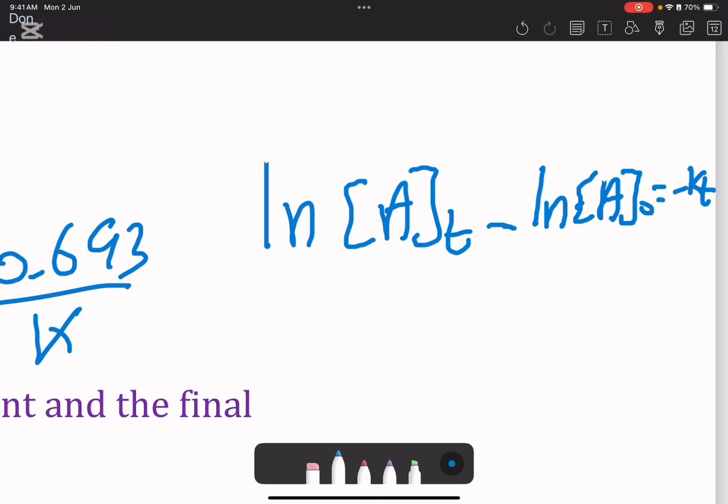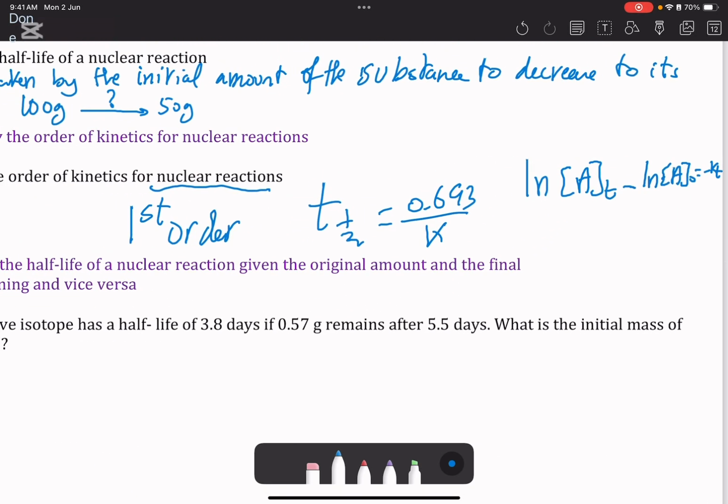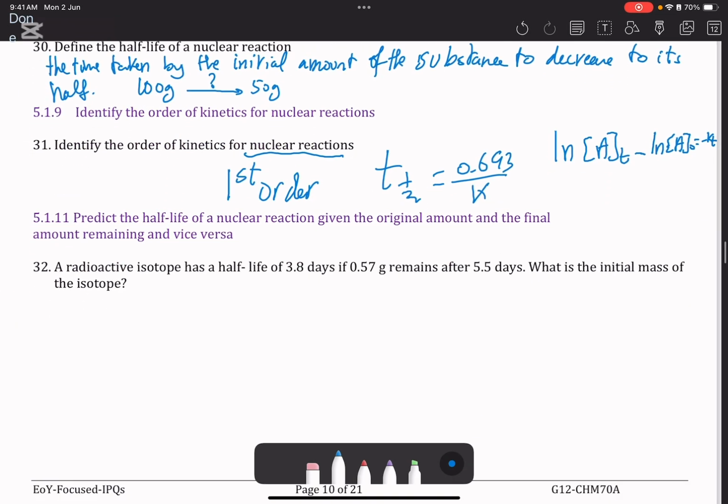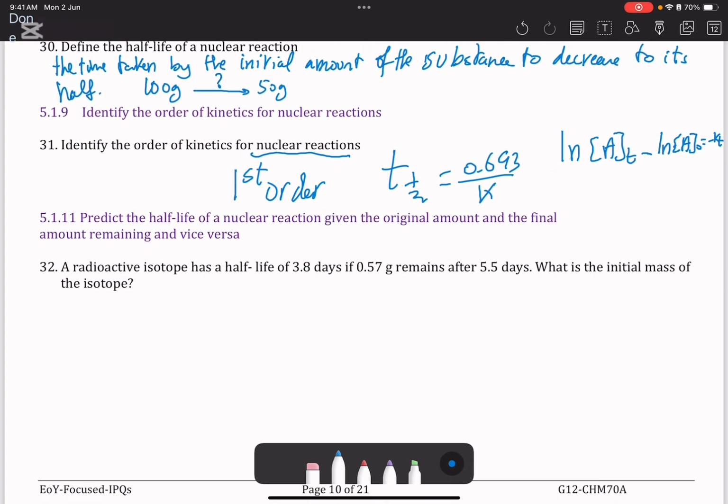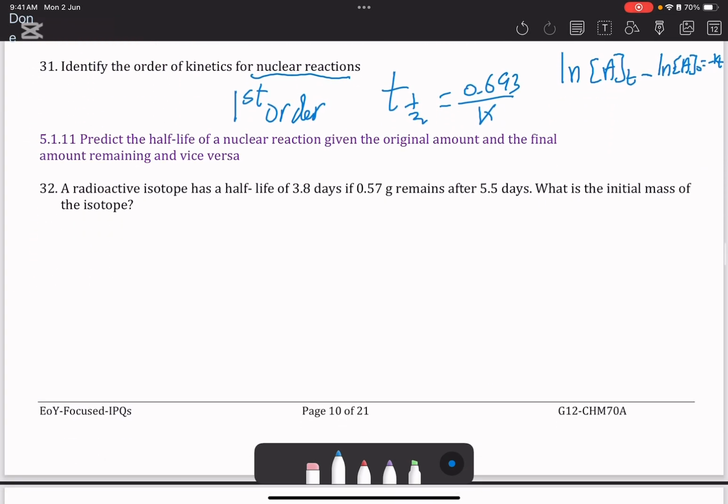Okay, so be careful with this formula. So the first one given in your formula sheet is for zero order, the second one is for first, the third one is for second order. Now let's move on with the questions.